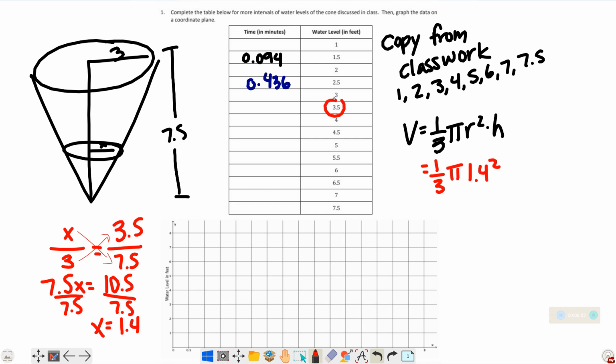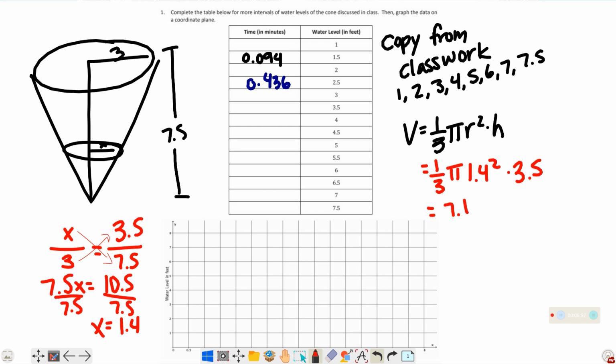And our height is 3.5. In your calculator, 1.4 times 1.4 to square it, times 3.5 for the height, times 3.14 for pi, and then divide by 3 for the third.